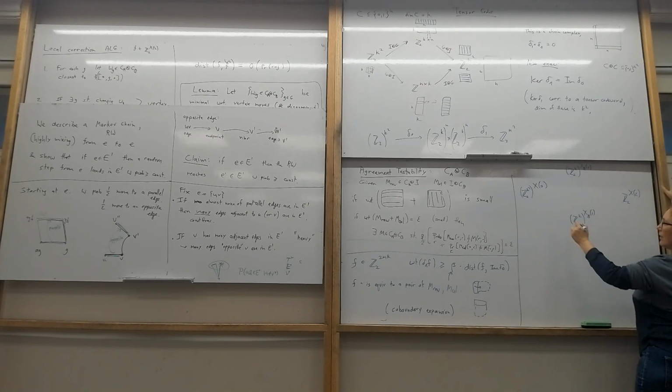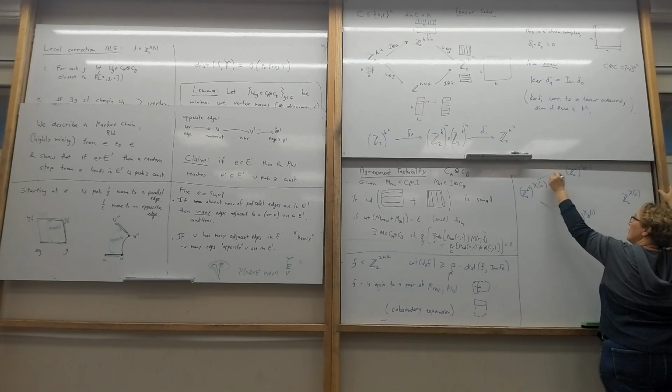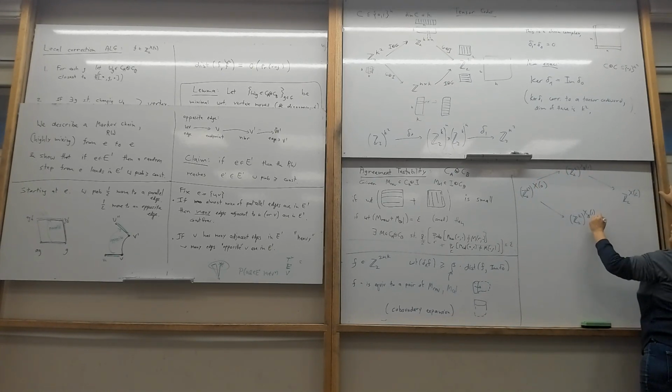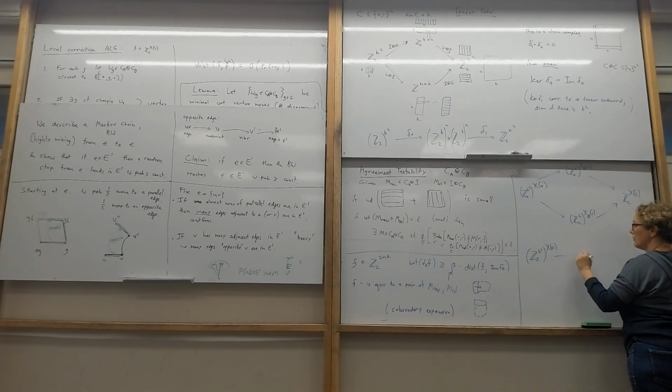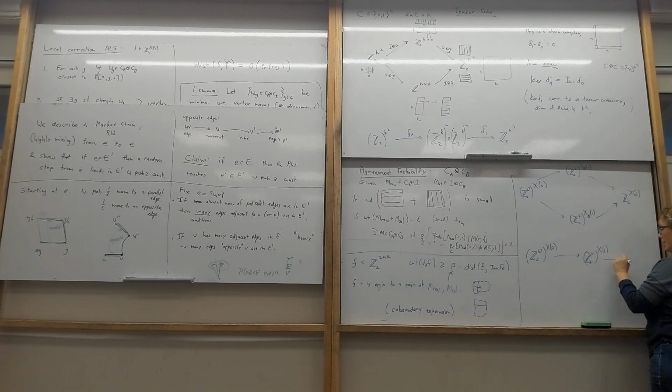Now there's a linear map that goes like this, and another one that goes like this. In condensed form, I'll have z2 to the k squared to the x0 moves to z2 to the k to the x1. I'll say what the map is, z2 to the x2.